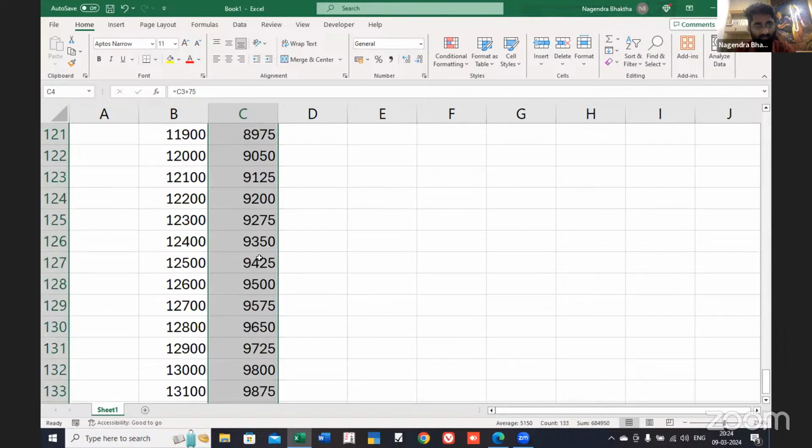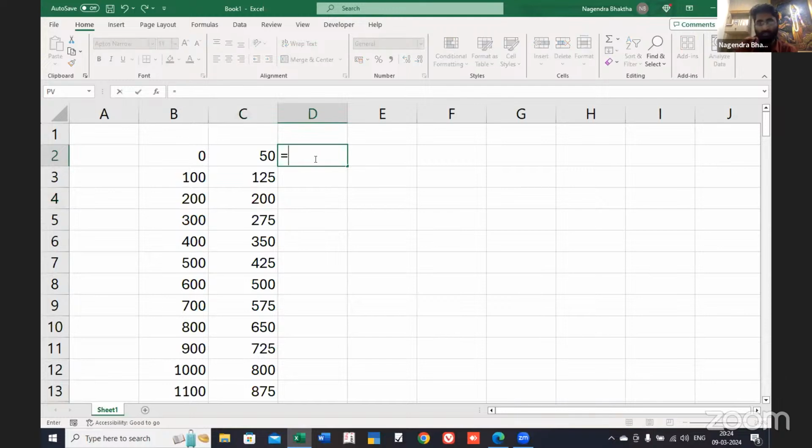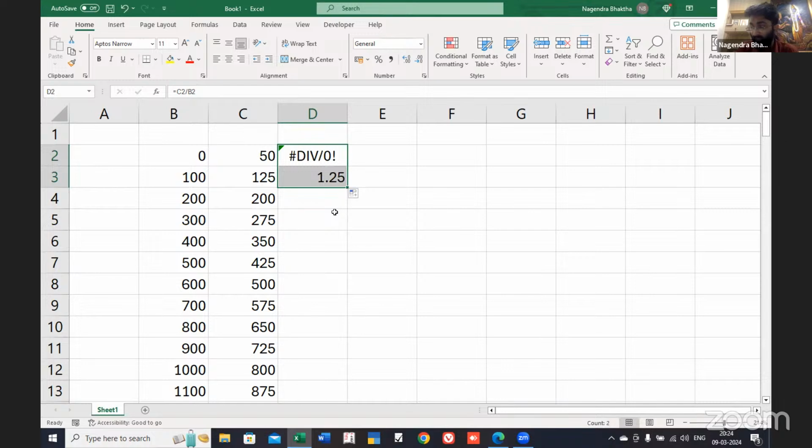It is 10,100. Okay, how to calculate APC? Is equal to consumption divided by income. This divided by this. Enter. At zero income it cannot be defined, it is infinite. But here I'll get the answer 1.25. And if I drag this, I'll get 1.